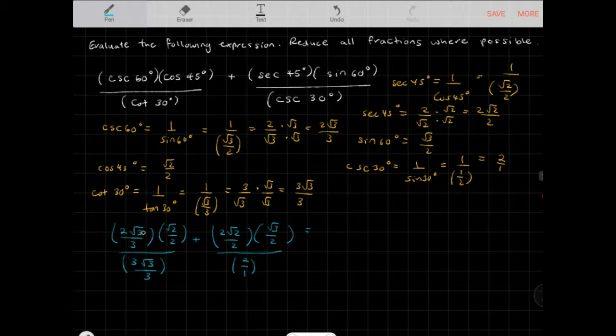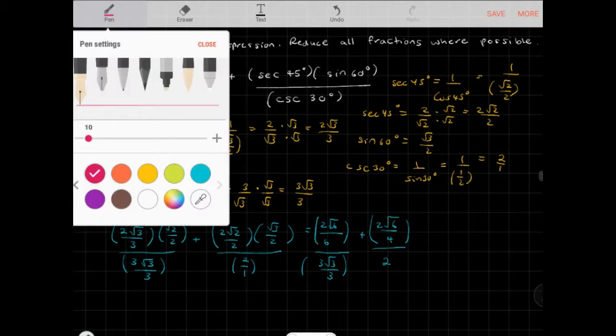So you get 2 square root 3 times square root 2 here is 2 square root 6 over 6. Okay, I'm going to divide this by 3 square root 3 over 3 plus, right, square root 2 times square root 3, so 2 square root 6 over 4 over 2.